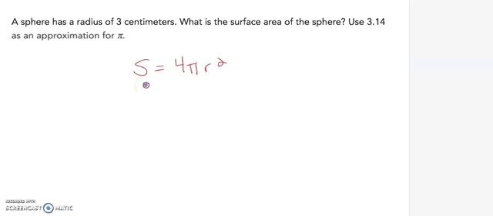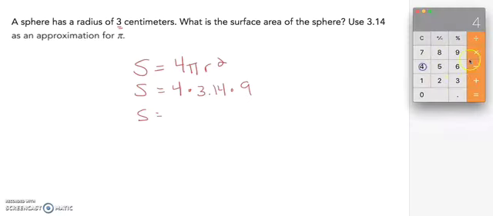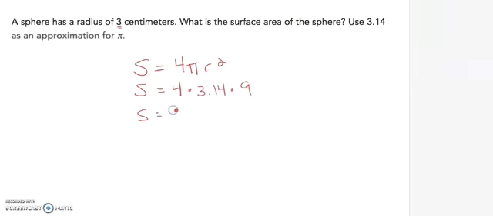So let's fill in what we know. Surface area equals 4 times pi, we're using 3.14, and in this case, the radius squared. If the radius is 3, 3 squared is equal to 9. So the surface area is equal to 4 times 3.14 times 9. So 4 times 3.14 times 9 is equal to 113.04.